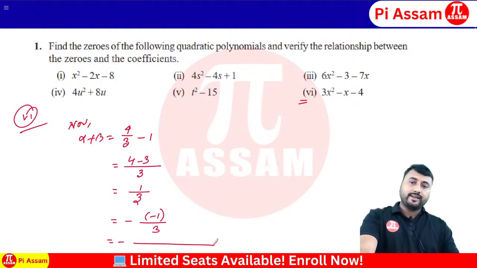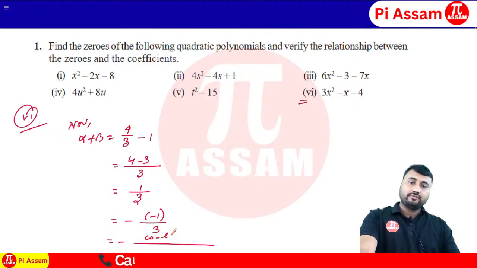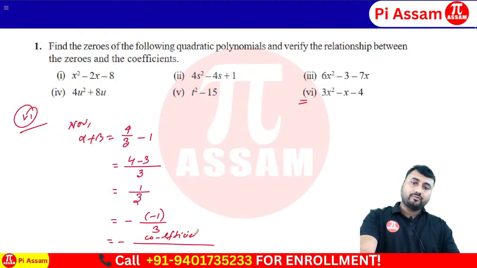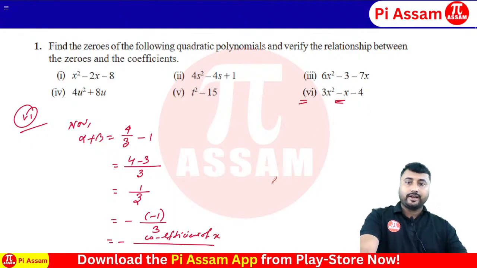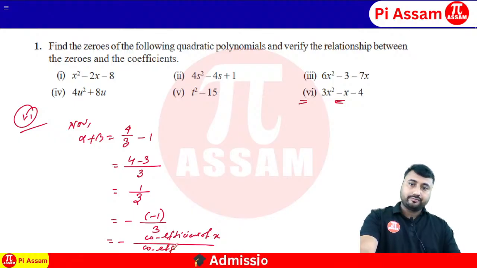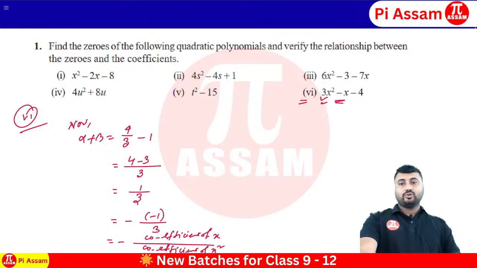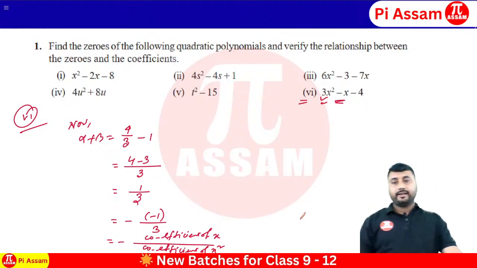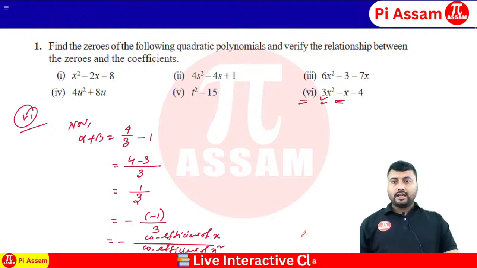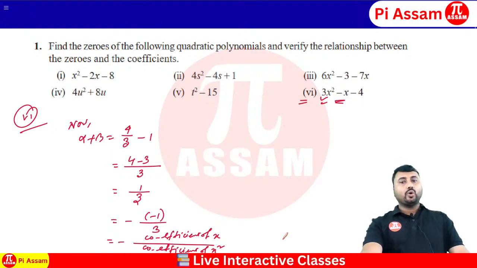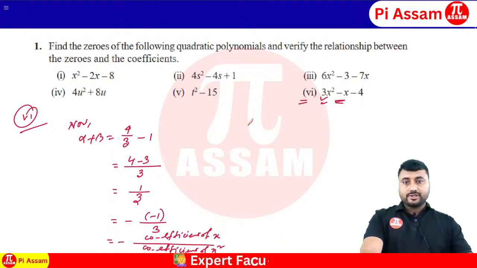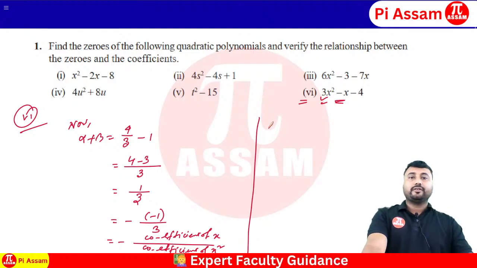So which is equal to minus coefficient of x. The coefficient of x is minus 1, and the coefficient of x square is 3. So therefore we can write alpha plus beta is equal to minus coefficient of x divided by coefficient of x square, which is verified.